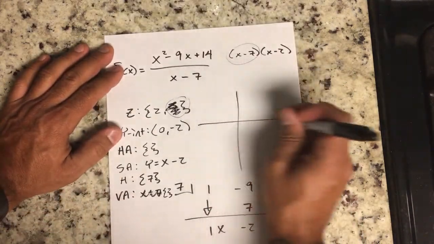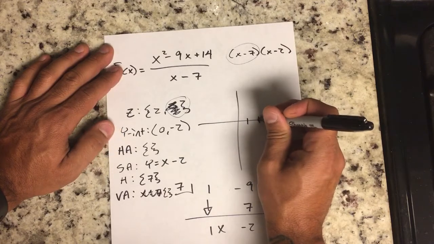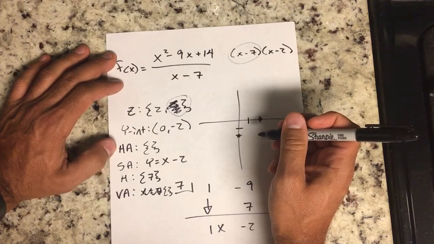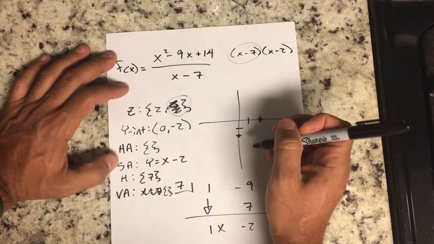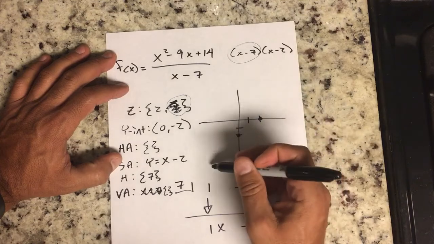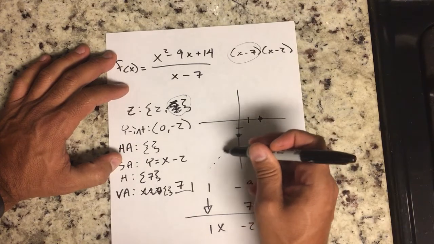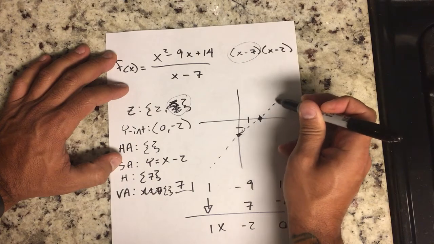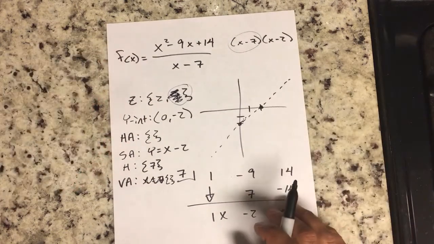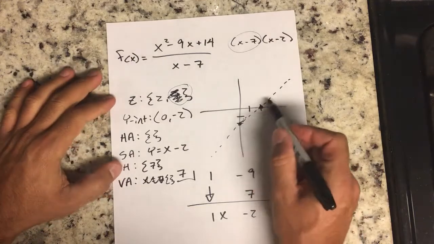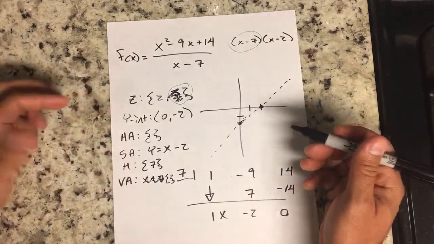So graphing it, 0 is at 2, y-intercept at negative 2. Slant asymptote at y equals x minus 2. So I'm going to have a slant asymptote like this. It has to get infinitely close to these and touch these 2 points. So what does that mean?